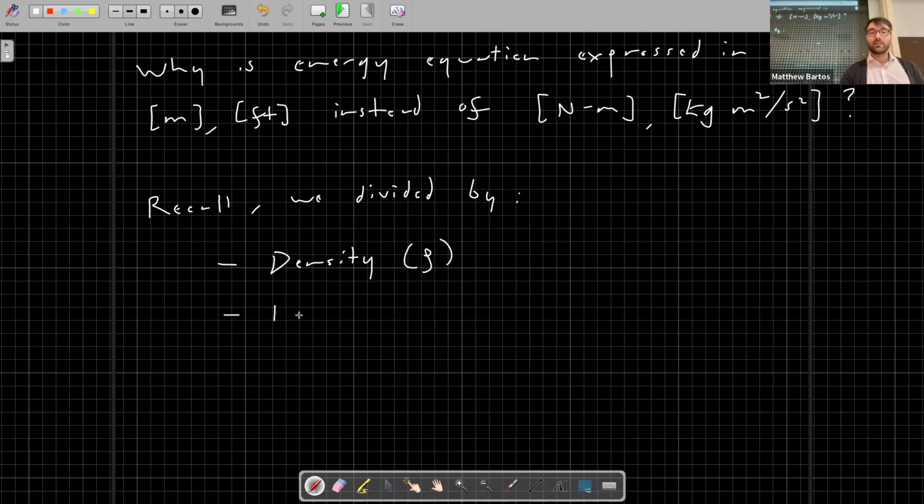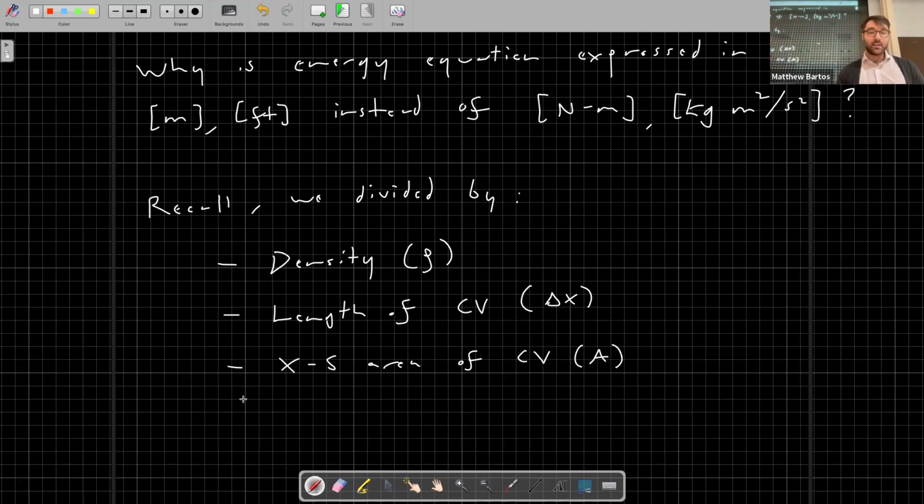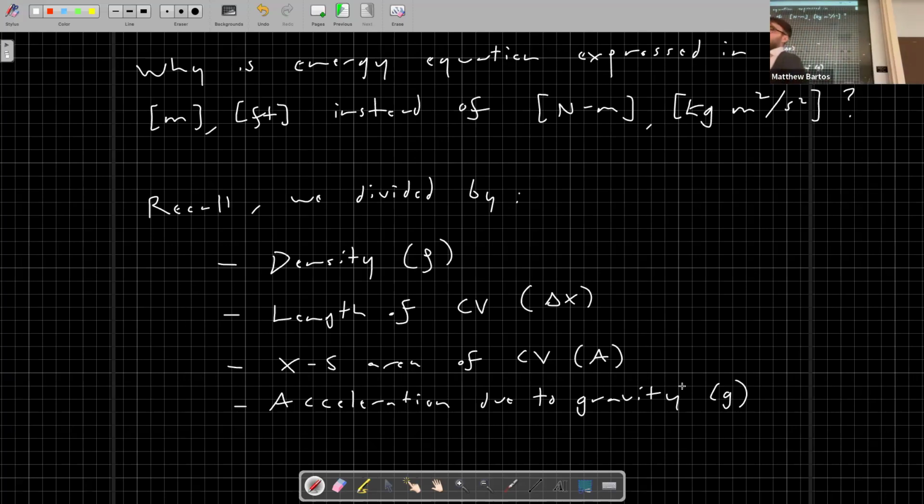And we also divided by the length of the control volume. Then when we converted to the energy equation, we also divided by both the cross-sectional area of our control volume, A, and the acceleration due to gravity, g. That gave us our answer in terms of head or hydraulic head.